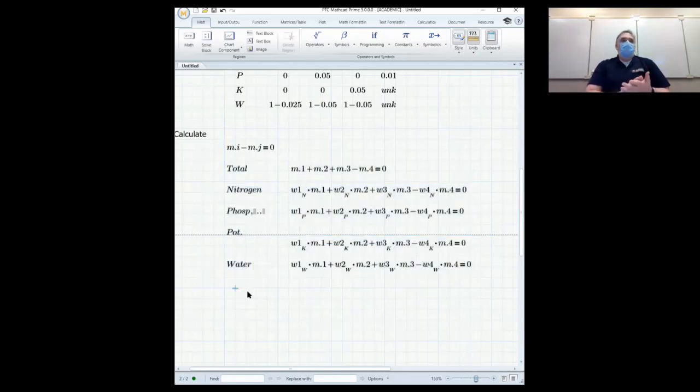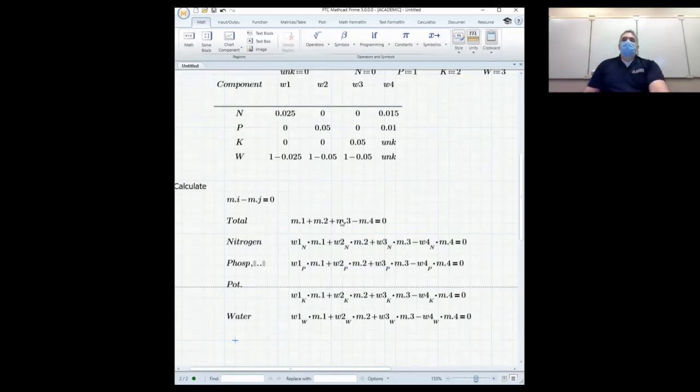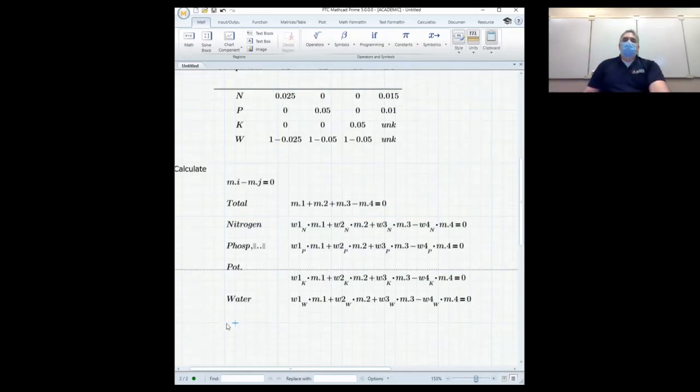So now we've only got 4 equations we can use, but we have 5 unknowns. We need 1 more equation. But that can be what I call the sum of weight fractions in 4 is our last equation. That means this column here, basically if you add those numbers up, it should equal 1.